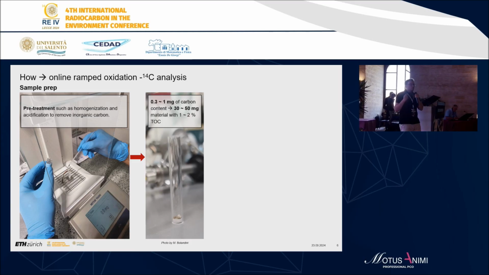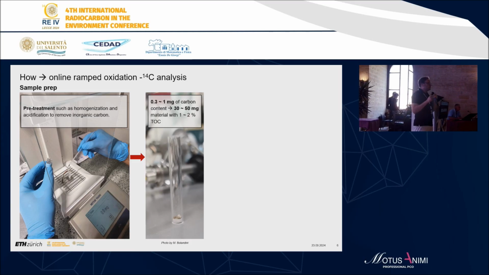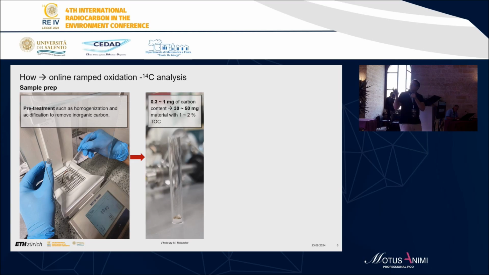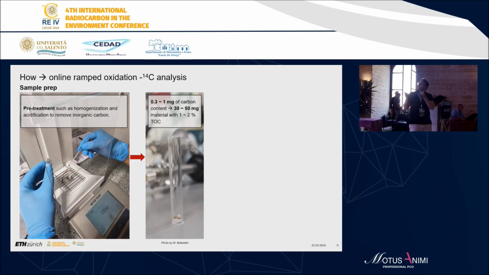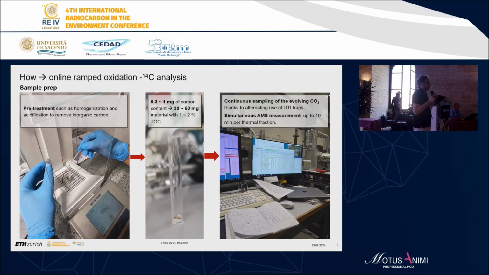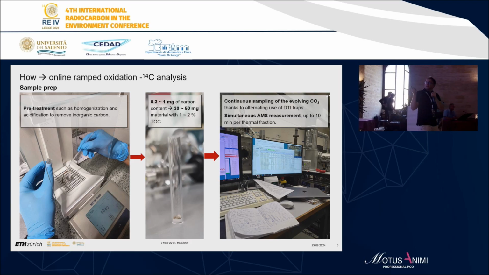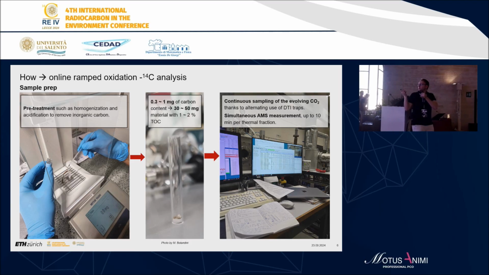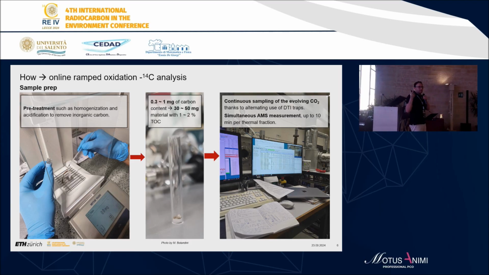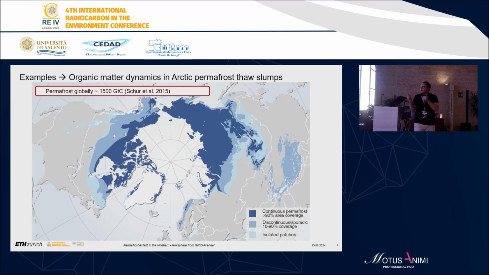Then, in order to get 1 to 0.3 milligrams of carbon, we use roughly 30 to 50 milligrams of material. And finally, this is what I do. You can see here a bunch of data that I measured, and these were 2 samples. Usually I do 2 samples a day with the different fractions.